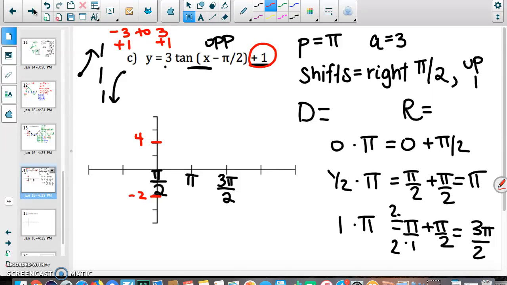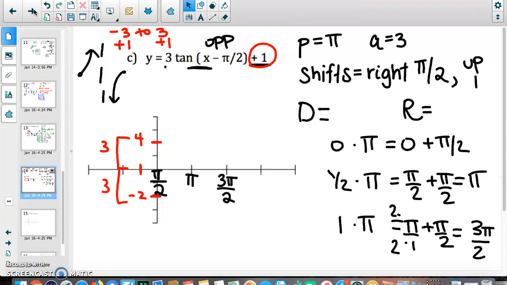So that means my middle is going to be a 1, correct? My amplitude is 3, so between these two values should be 3 units. And that's all checking out. So that's good. So this is 2, this is -1.